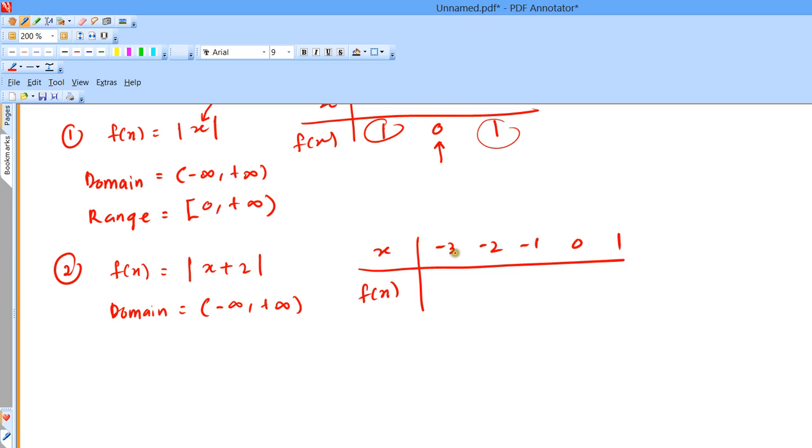If you put negative 3 plus 2 equals negative 1, so you get 1. Negative 2 plus 2, 0. Negative 1 plus 2, 1. 0 plus 2, 2. 1 plus 2, 3. So the range equals, other values are positive, and we have 0 here, so start from 0 to positive infinity.